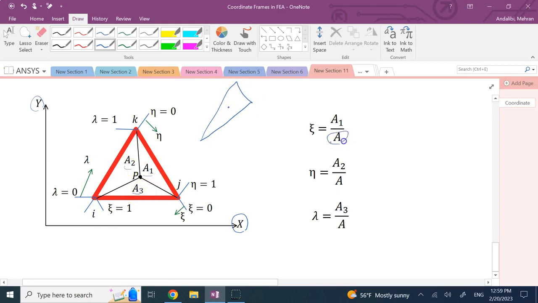So here A is the total area of the triangle. And the ratio of these three small triangles over the big one is going to be defined as your Kc, eta, and lambda. And it's obvious that, of course, your Kc plus eta plus lambda equals 1, right?